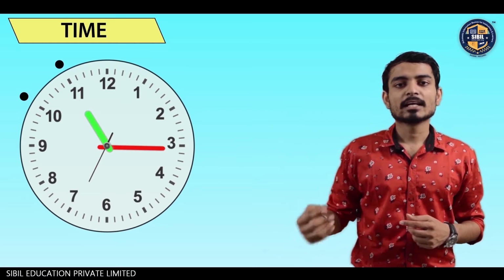If a minute hand has to move from point 1 to point 2, then it will take a time of 5 minutes. And if an hour hand has to move from point 1 to point 2, then it will take 1 hour.